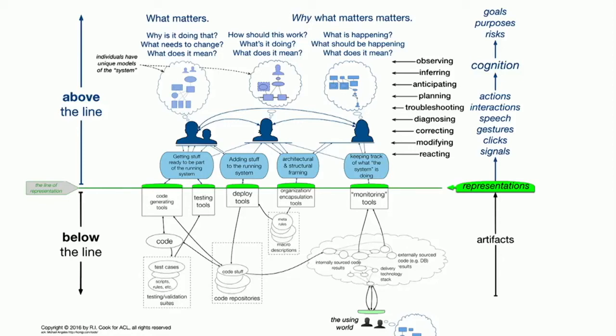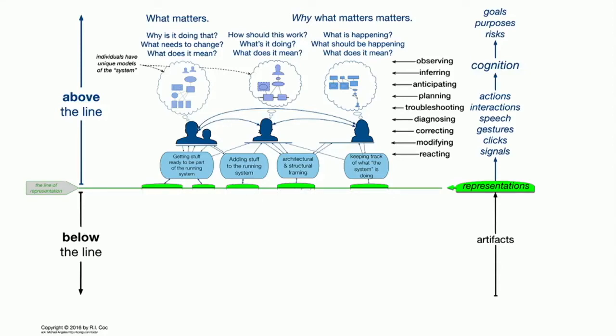So there's a world above the line and a world below the line. And although we mostly talk about the world below the line as if it's very real, as if it's very concrete, here is the surprise. Here is the big deal. You never get to see it.